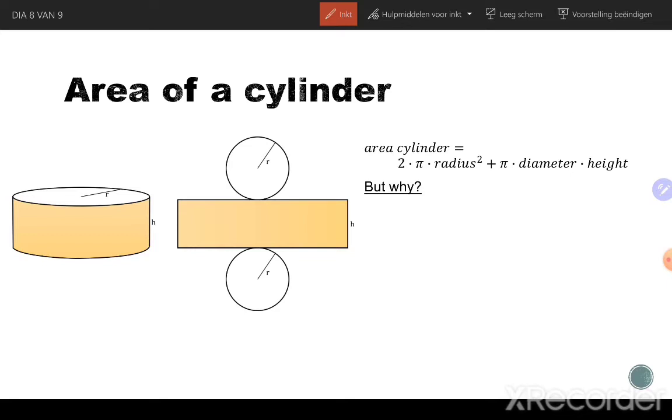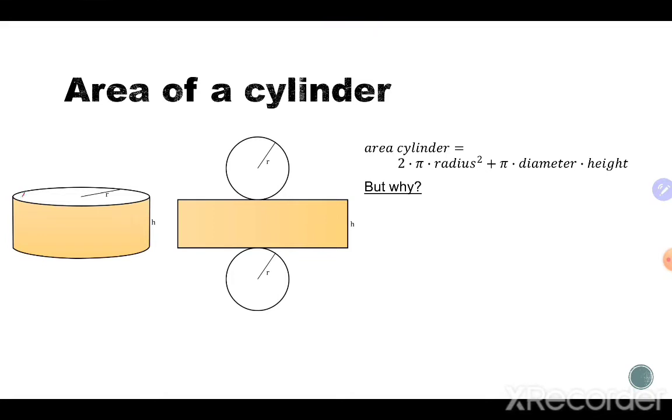Let me do it in a few easy steps, and let me start with the first step, 2 times pi times the radius to the second power. Now if you see here the cylinder, you will find 2 circles, one above, that's circle 1, and one under, that's circle 2.